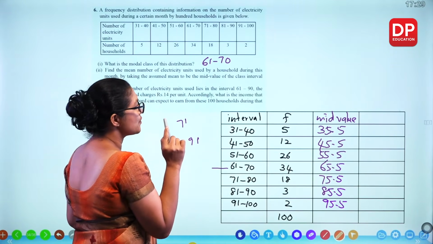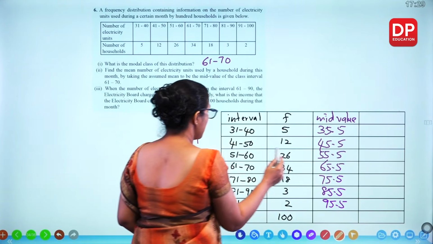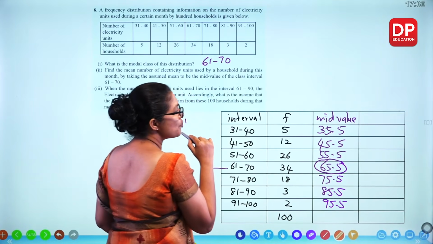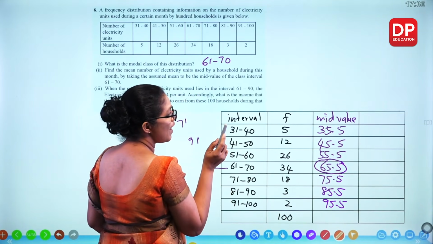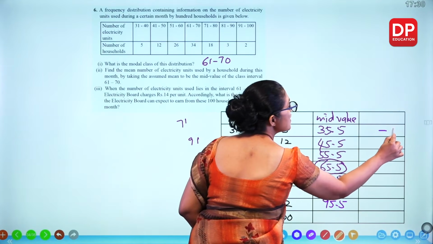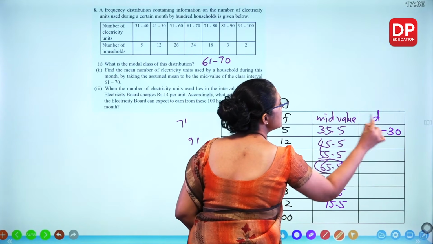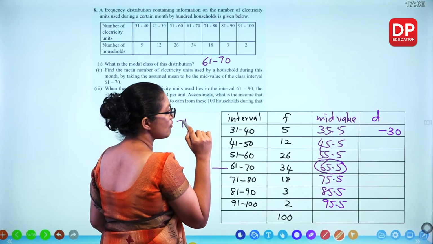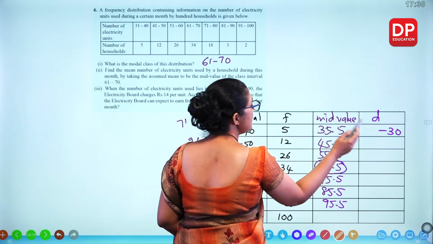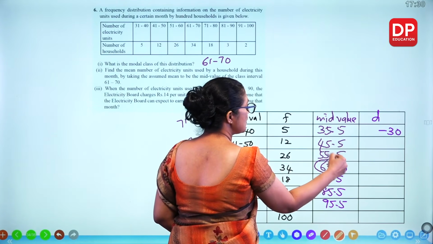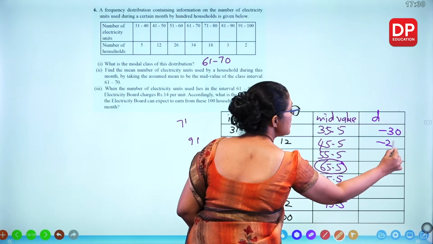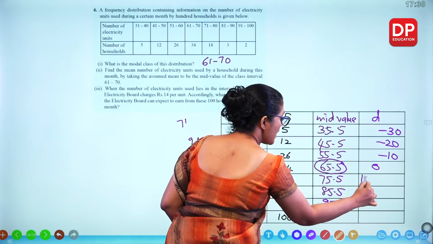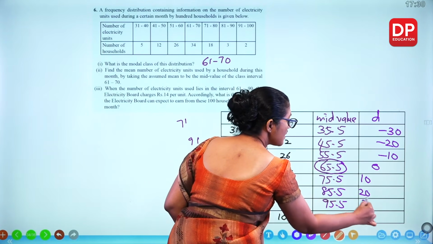Then what's the next one? Take the assumed mean as this. Subtract. When you subtract, you get minus 30 as the difference. And then this one and this one, minus 20, minus 10, 0. This is 10, 20, 30.